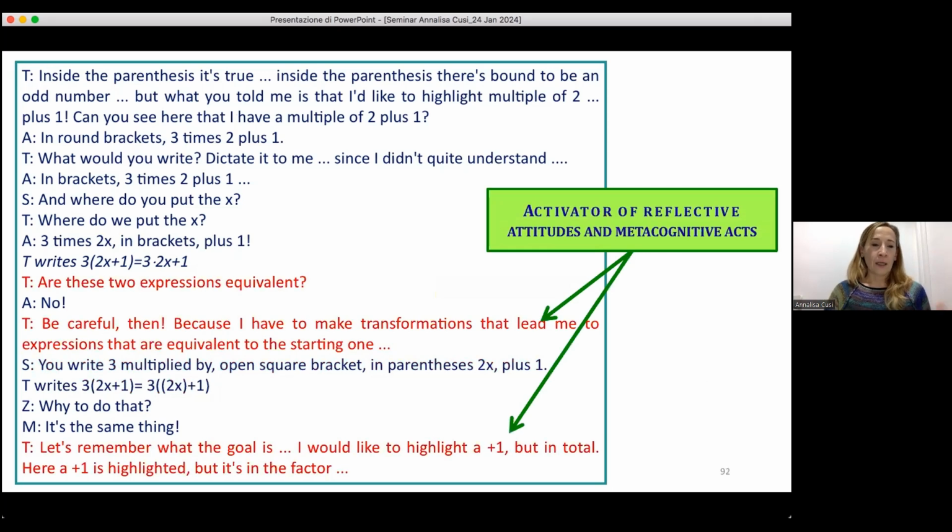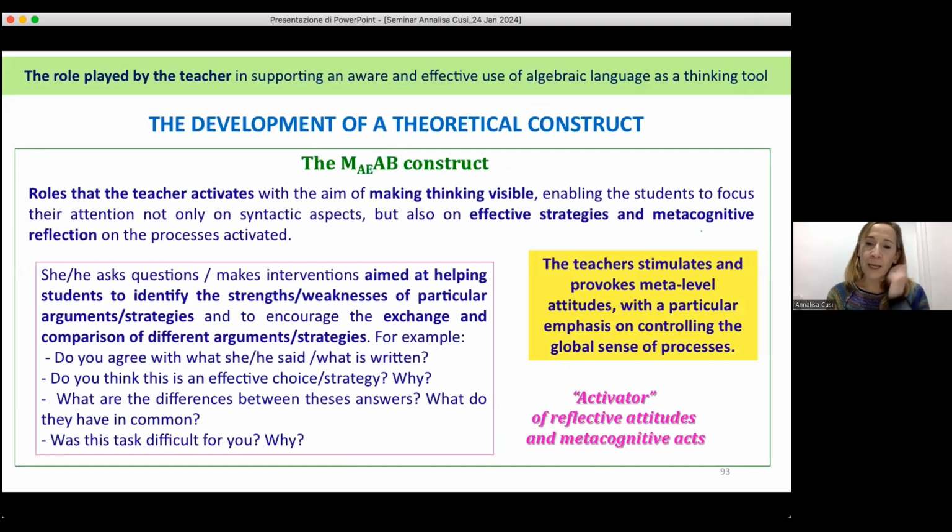In this interaction with these 2 students that face difficulties, the teacher plays two other roles. The first one is activator of reflective attitudes and metacognitive acts. This role is played when the teacher stimulates and provokes meta-level attitudes, with an emphasis in particular on controlling the global sense of the processes.